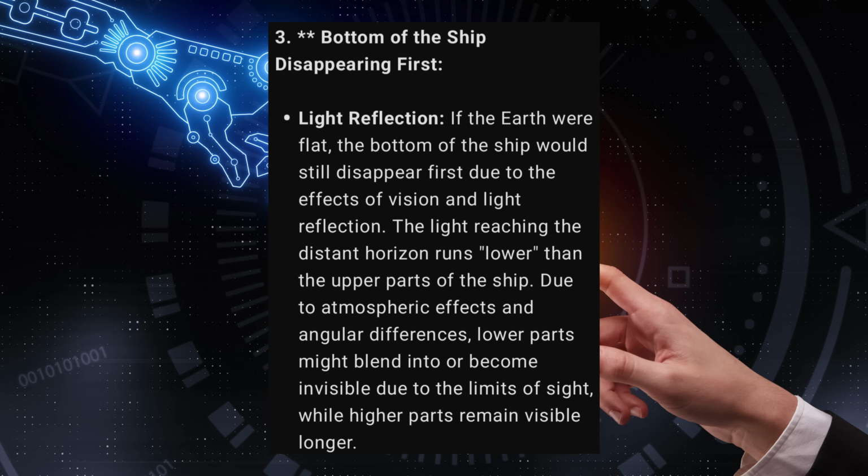Bottom of the ship disappearing first. Light reflection. If the Earth were flat, the bottom of the ship would still disappear first due to the effects of vision and light reflection. The light reaching the distant horizon runs lower than the upper parts of the ship. Due to atmospheric effects and angular differences, lower parts might blend into or become invisible due to the limits of sight, while higher parts remain visible longer.